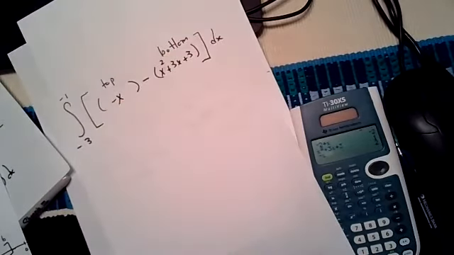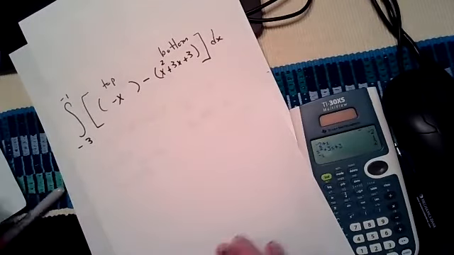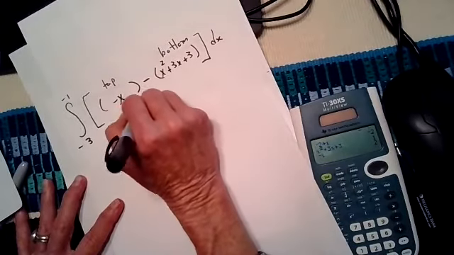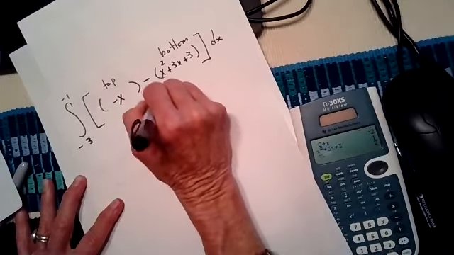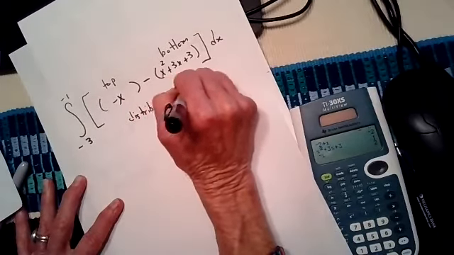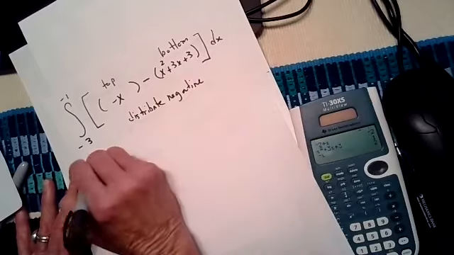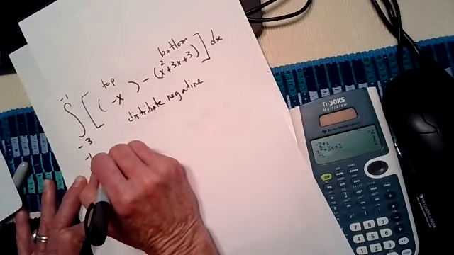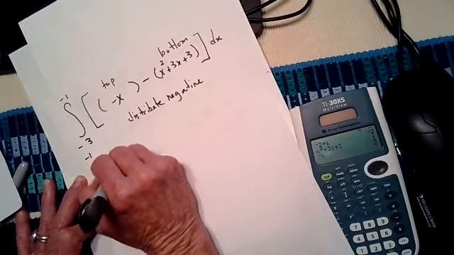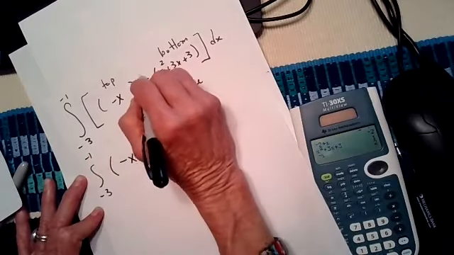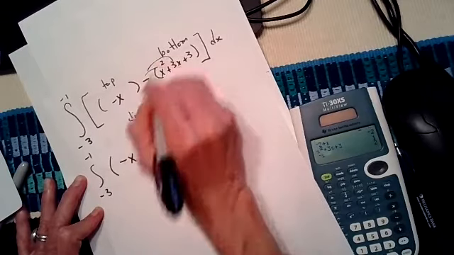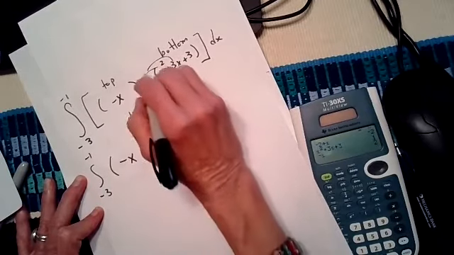Okay, so it's a little work to find the endpoints, but remember we have to distribute the negative. So it's going to be the integral from -3 to -1 of -x minus x squared minus 3x minus 3.